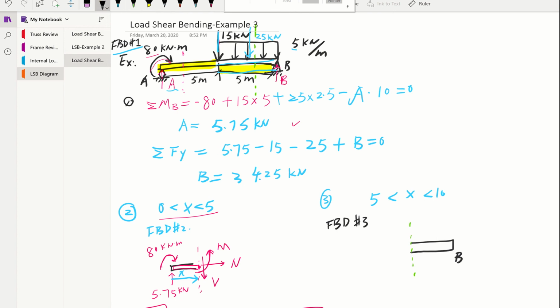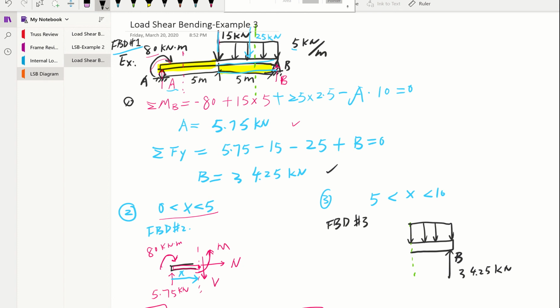We know the force at B is 34.25 kilonewton. Then we also look at this part of the section. What force is actually on there? It's this distributed load that's on there. So that's something new for this problem.